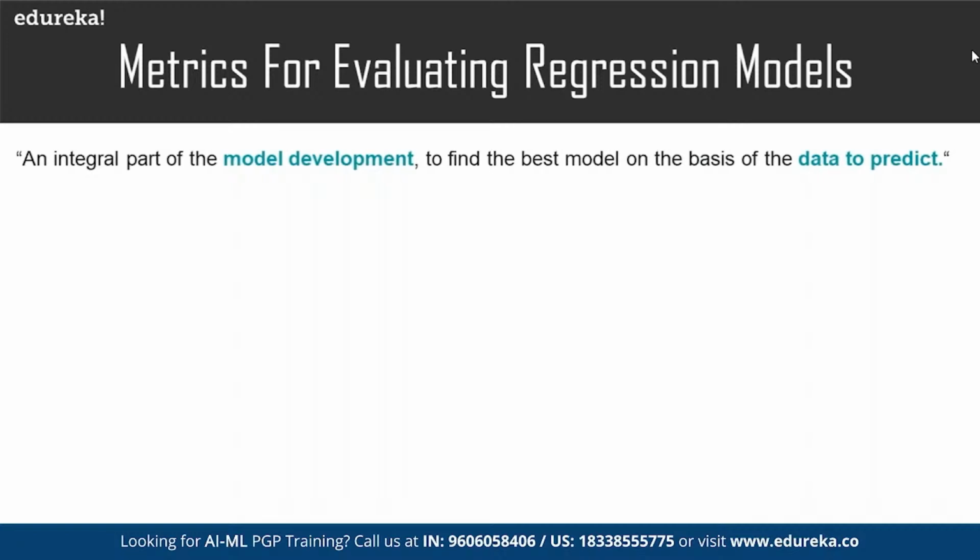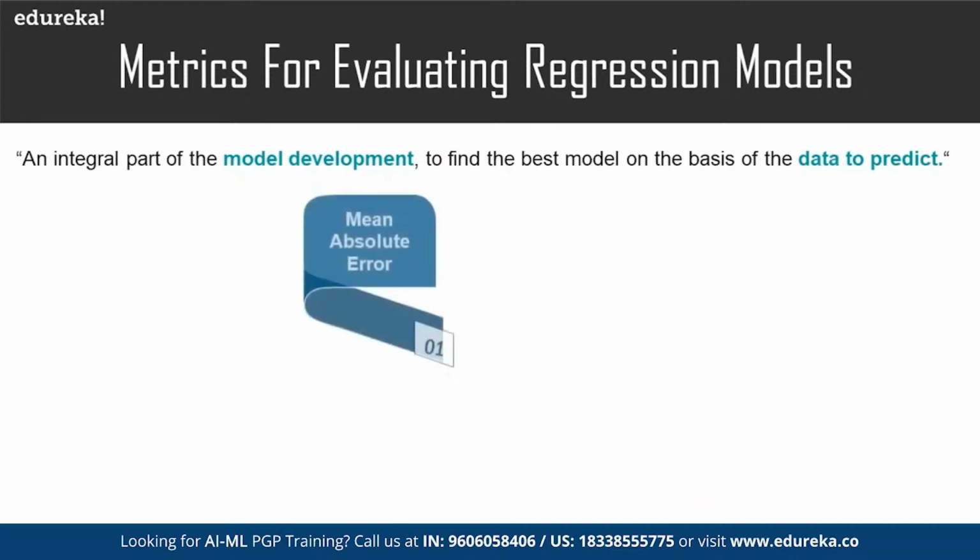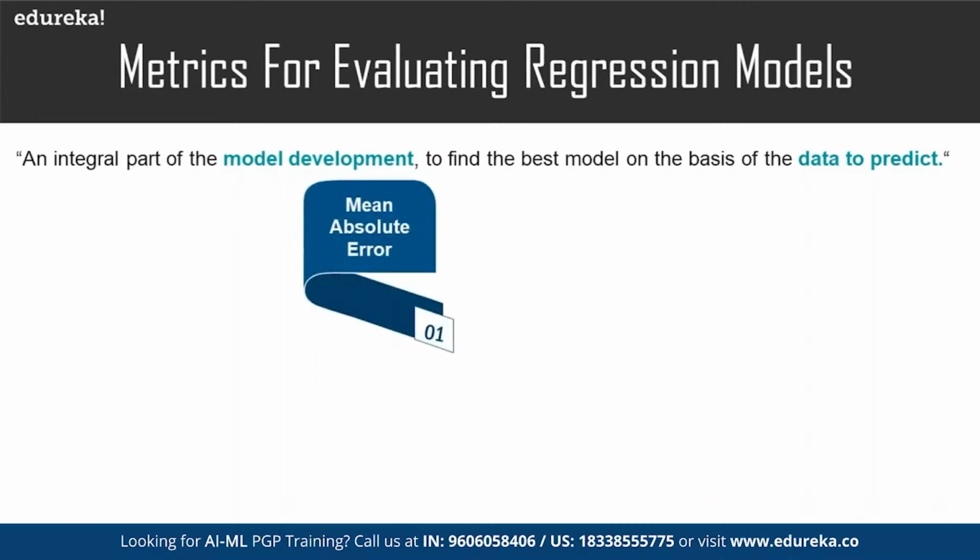All that happens through these metrics, which we call error metrics or performance metrics, and they are also known as evaluation metrics, because that is how the models we are training get evaluated as a part of the modeling process.